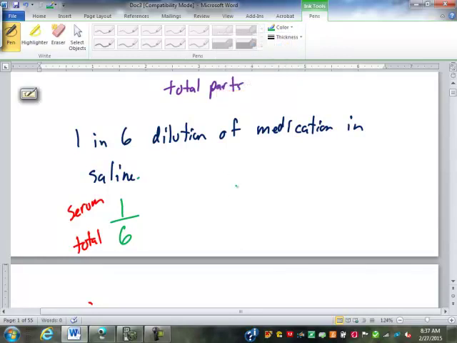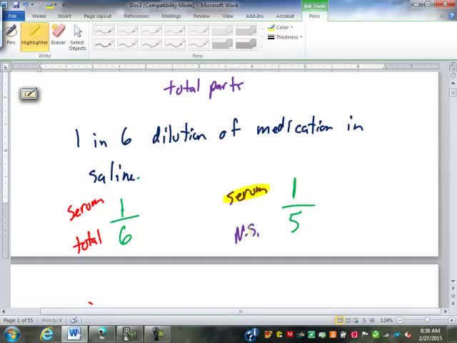If I wanted to make the ratio of serum to saline, what's that going to look like? Well, we still just have 1 part of serum. If we had 6 parts total and 1 of those parts is serum, how many parts are saline? 5. Very good. So we can create a ratio of serum to saline from that dilution ratio, serum to total.